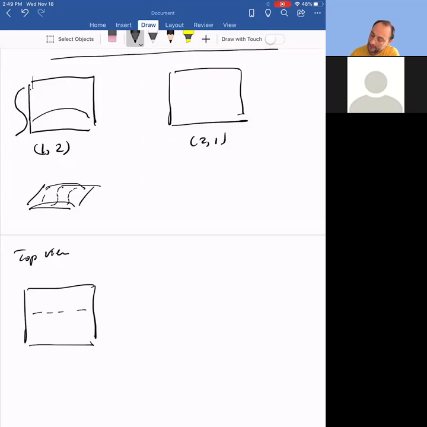This part will be depressed and this part will be up. On the other hand, the other mode will be, for example, like this. So the 1-2 mode will oscillate like this, and the 2-1 mode will oscillate like that.